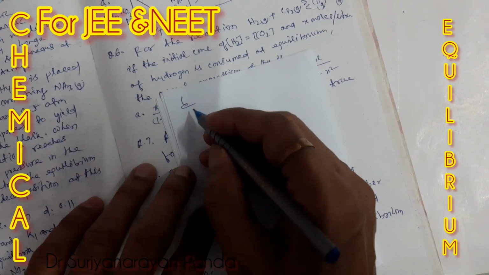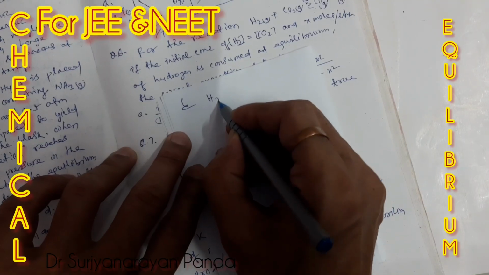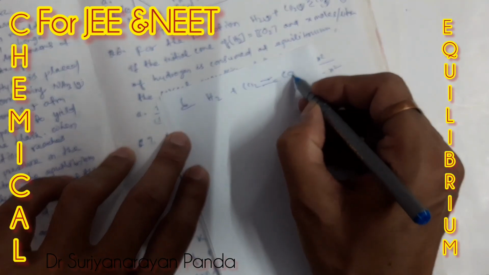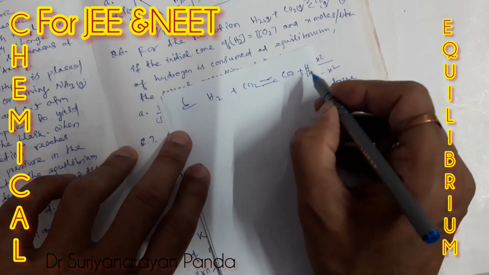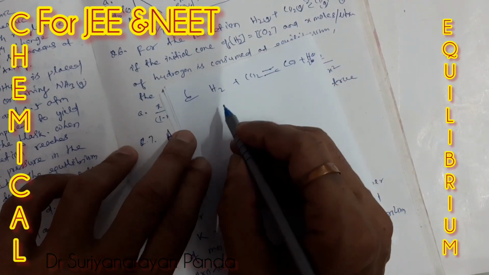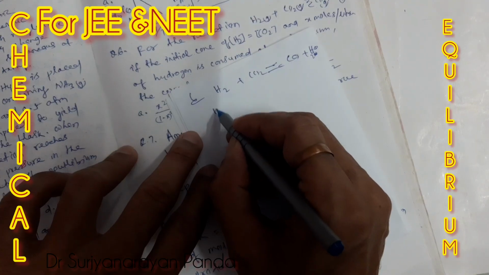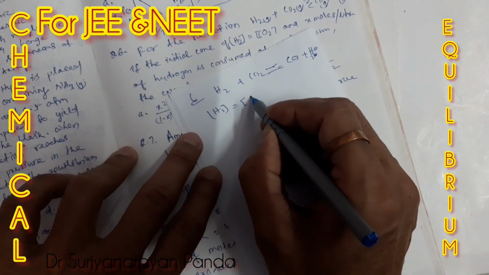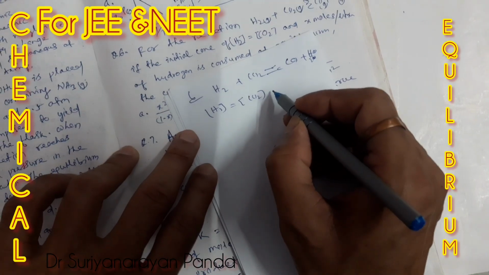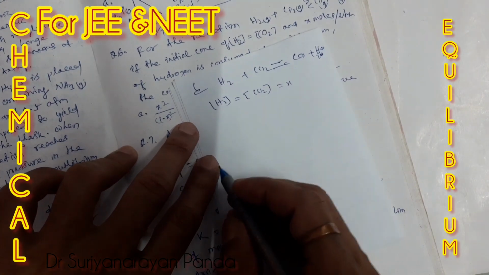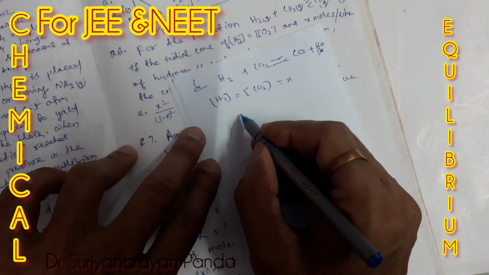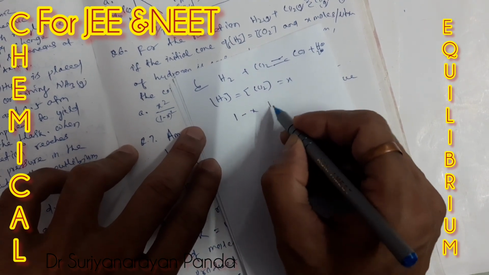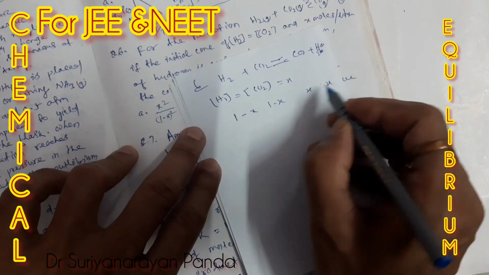You see, H2 plus CO2, all in gaseous state, giving carbon monoxide plus H2O. Initial concentration of H2 is equal to CO2, both the same. At equilibrium, what happens? It becomes 1 minus x, 1 minus x, and x, x are formed.